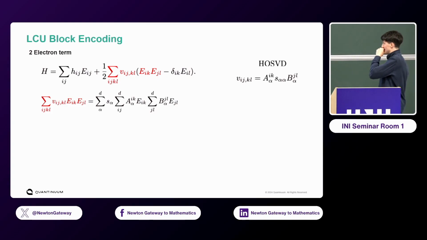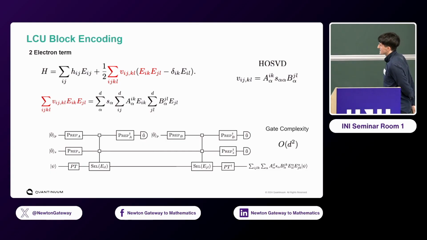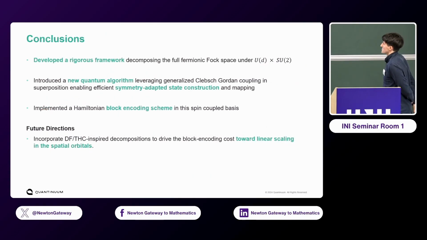That allows us to directly construct a block encoding for this, which implements the Powers transform, the fermionic operations in superposition, and then the weighting of each of those fermionic terms as well. And then this applies the operator term. Okay, so the overall cost of this is d squared as well, which is very nice. Remember, this is in the spatial orbitals, so we actually get a factor of 2 improvement over the spin orbitals.